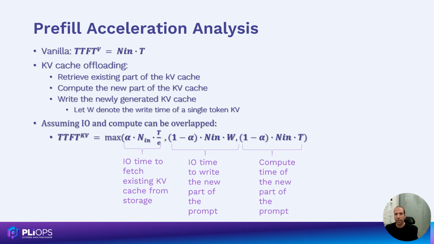Second, the write time of the new part, which happens to 1 minus alpha of the input tokens, at a speed of w per token. And third, the compute, which also happens to 1 minus alpha times n, but this time with compute time t. The maximum of all of those, or put differently, the slowest component, determines the time to first token.